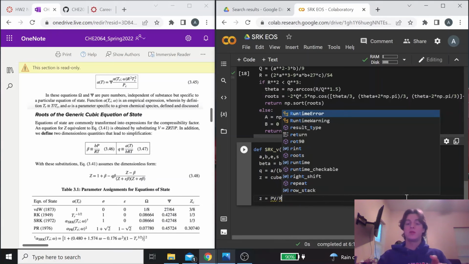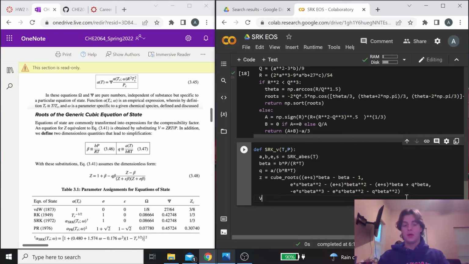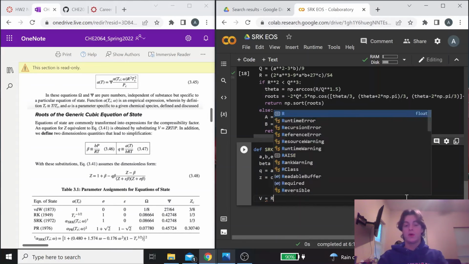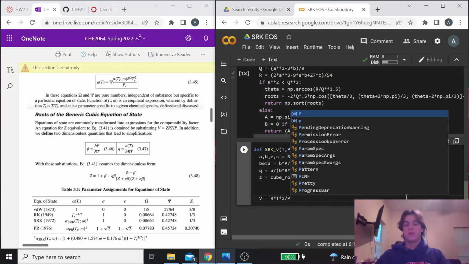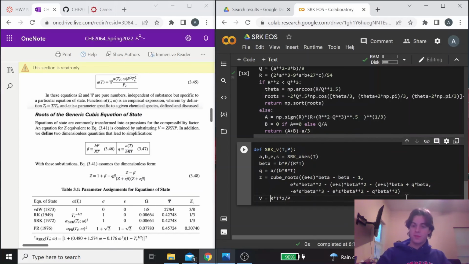So if we rearrange this equation, we will get the specific volume equals R times temperature times compressibility Z, all divided by the pressure. So that's our roots. We just need to return them. And since we already sorted our roots of Z in the cube root function, they'll come out sorted as well in this one.